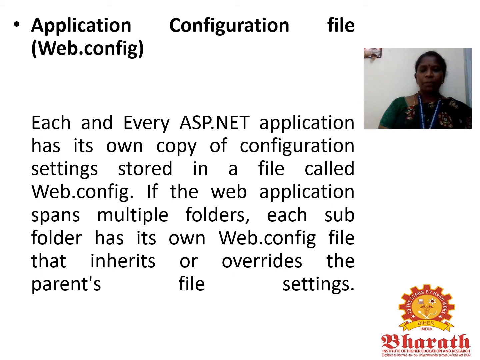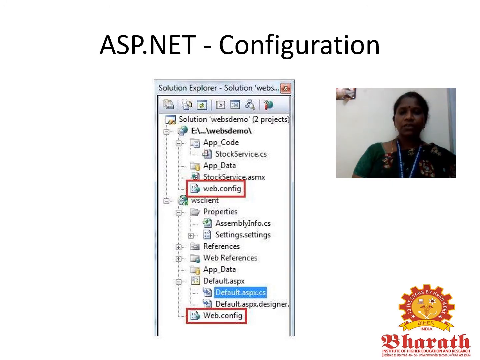If the web application spans multiple folders, each subfolder has its own web.config file that inherits or overrides the parent file settings. This is the figure of an ASP.NET config file. In this, the config file is mainly stored in Solution Explorer.